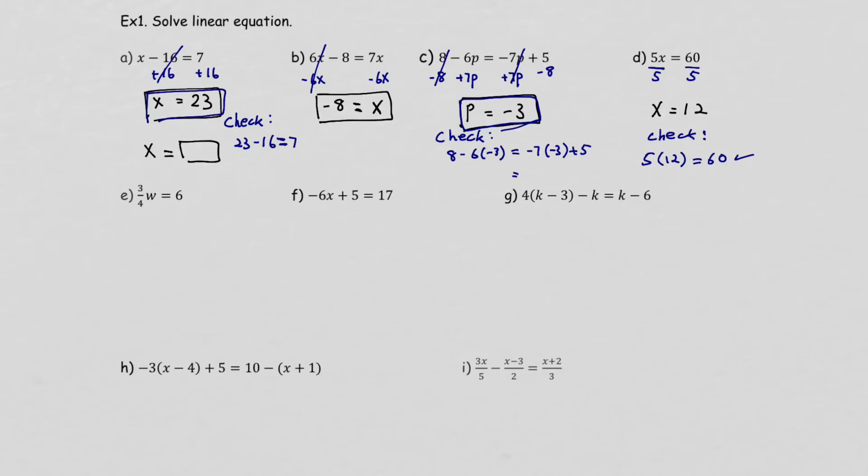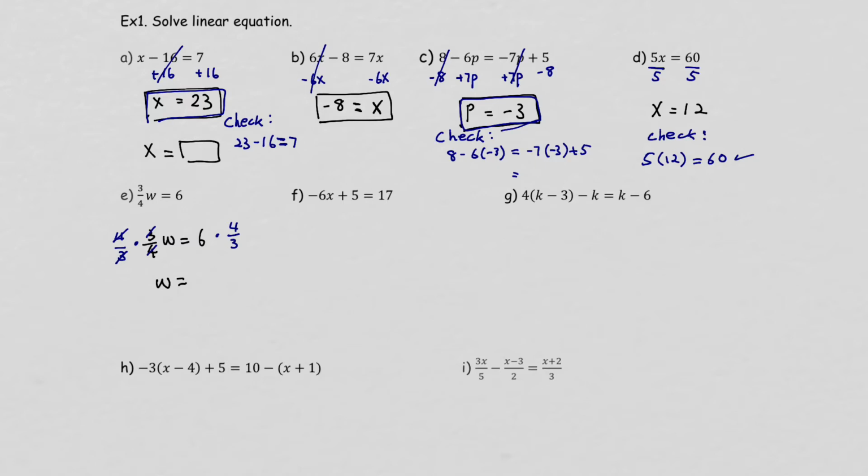What about example E? If we have 3 over 4 w equals 6, then in order to get rid of 3 over 4, what you need to do is multiply by the reciprocal to make it 1w, right? It means you're going to multiply the other side by the reciprocal. Same thing, right? So this cancels out. This becomes 1w.